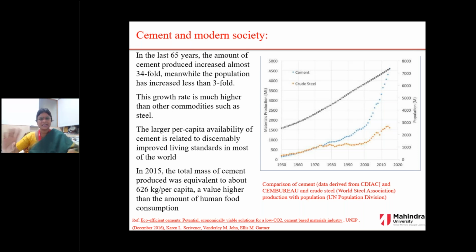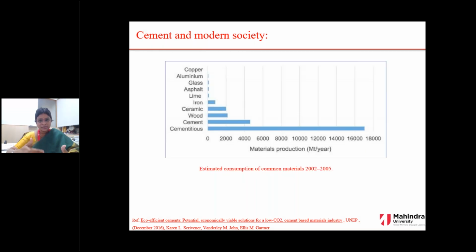These are just statistics which give an impression of how much concrete we are using. This also helps us understand the production of concrete with respect to other building materials, such as copper, aluminum, etc. The cementitious material is the highest produced one.